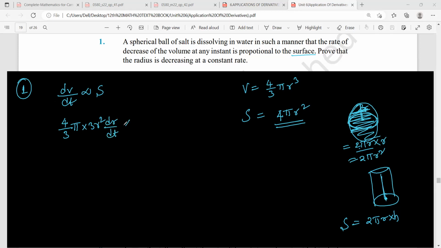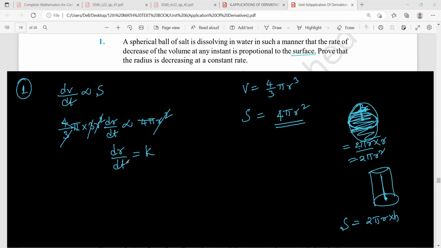It is proportionate to s, which is 4 pi r square. So 3 cancels, 4 pi cancels, r square cancels. So what is there? dr by dt is simply proportionate to what? Proportionate means a constant, right?